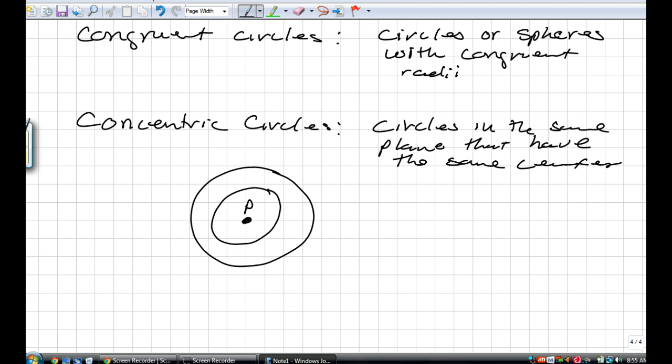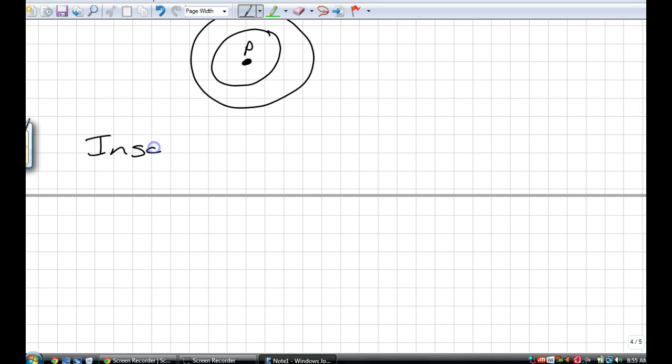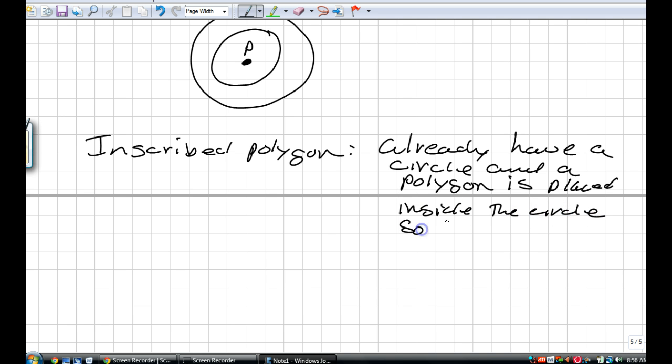Then we have the idea of an inscribed polygon. The idea of an inscribed polygon is that you already have a circle, and a polygon is placed inside the circle so that each vertex is on the circle.